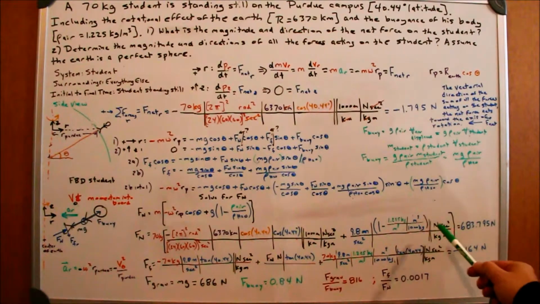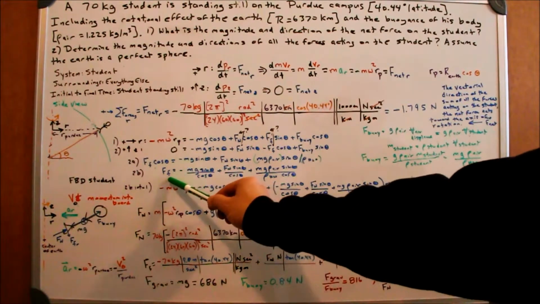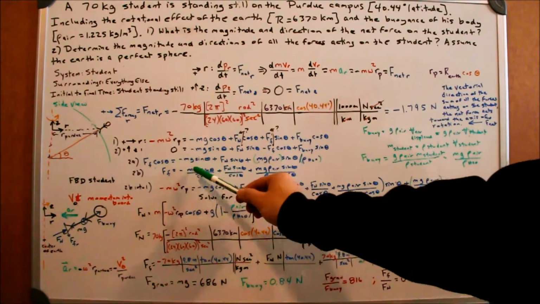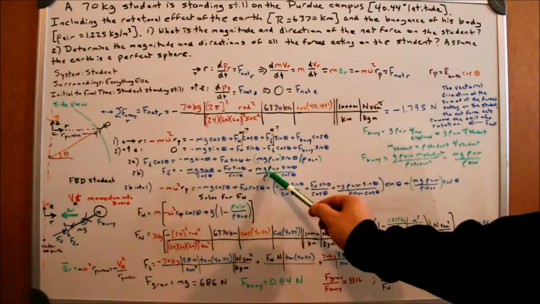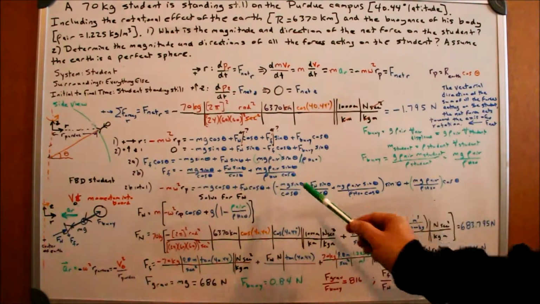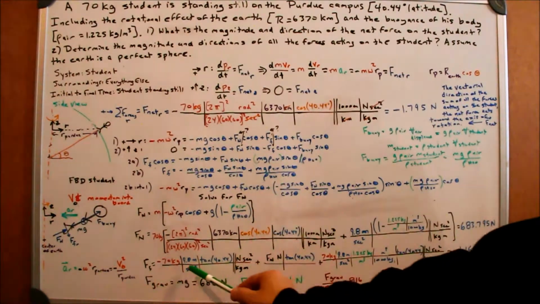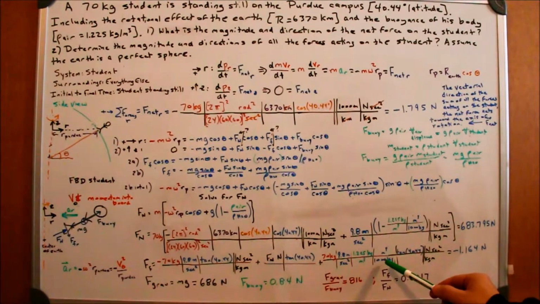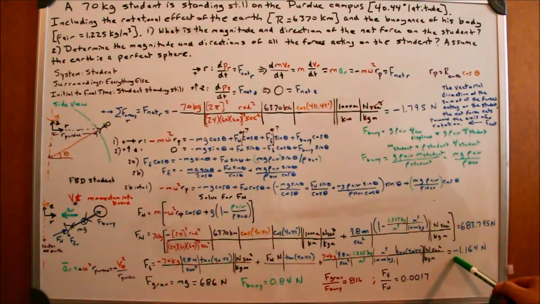Now I have F_n, and F_f is a function of this term and F_n, so I can put this value in, solve for F_f, and I end up with minus 1.164 newtons.